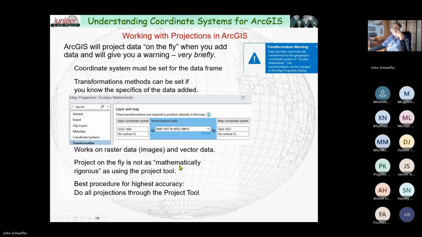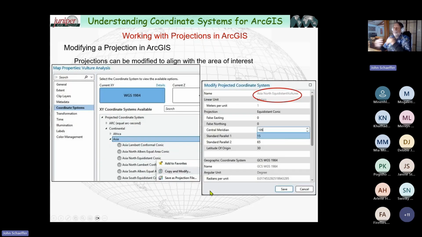I forget exactly where I found this phrase in some documentation, but if you have the transformation set, if you know what you're doing, it's going to work well, but just a little warning. Okay, best procedure for highest accuracy, do all projections through the project tool, but I'm going to show you a little workaround when I do one of the demos.